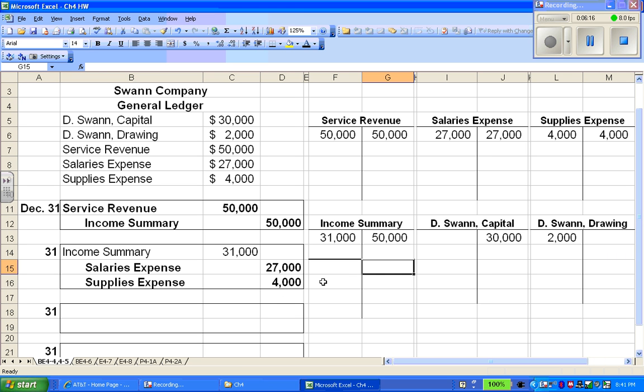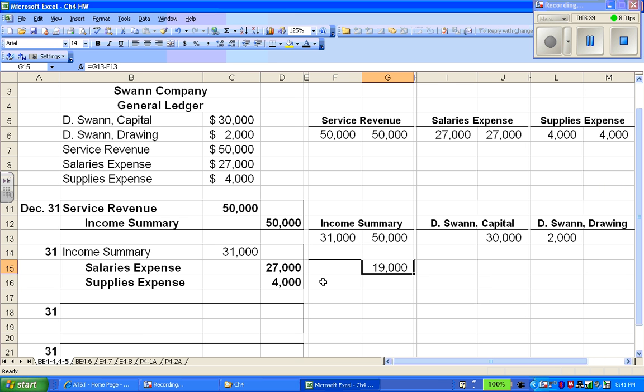All right, so let me just take the difference between my credits of 50,000 and my debits of 31,000. So I have a net credit balance in my income summary account, and that states that I have a net income.